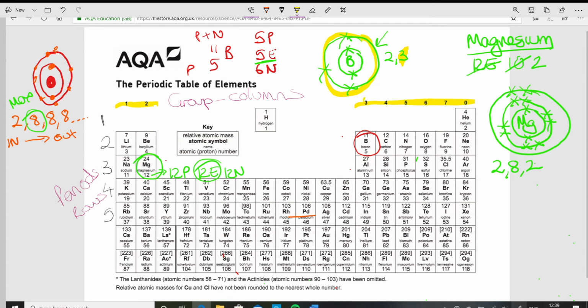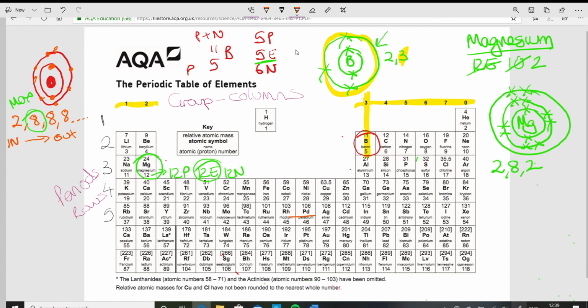And that makes sense because it is in the third group. So providing you know what group something's in, you can very quickly work out the number of electrons on its outer shell.